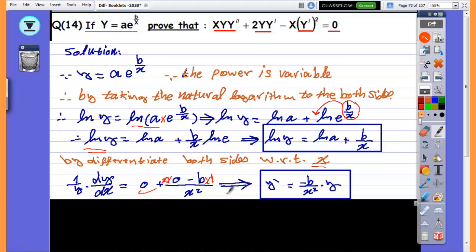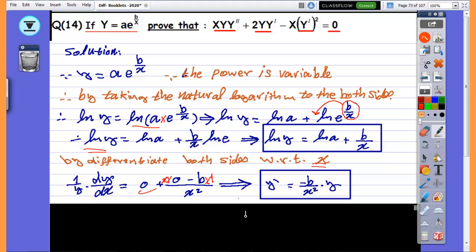Here dy/dx is denoted by y dash. So y dash equals y multiplied by this fraction, y multiplied by the right hand side.